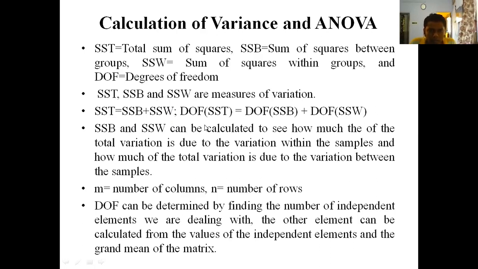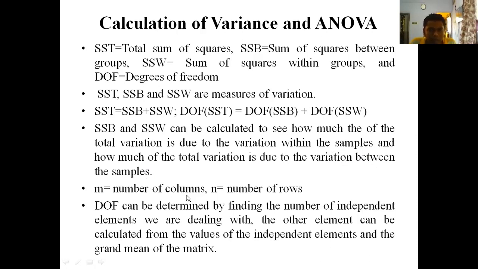Then the degrees of freedom for SST, total degrees of freedom, is equal to the degrees of freedom for sum of squares between and sum of squares within. SSB and SSW can be calculated to see how much of the total variation is due to the variation within the samples and how much is due to the variation between the samples.